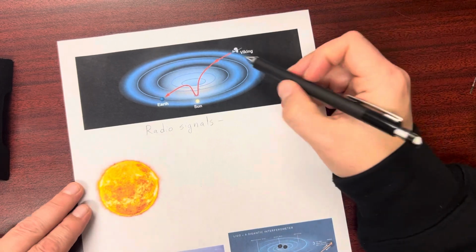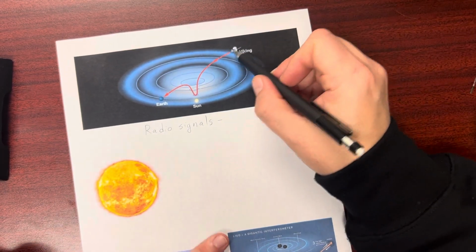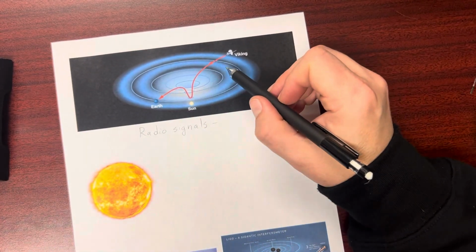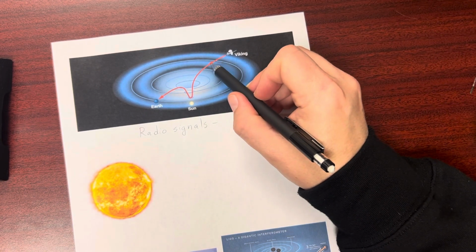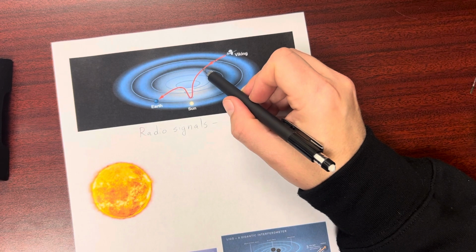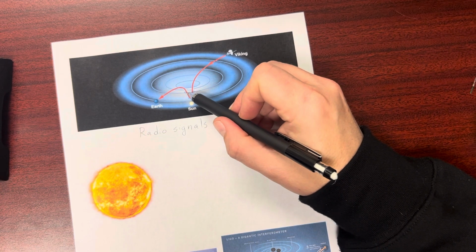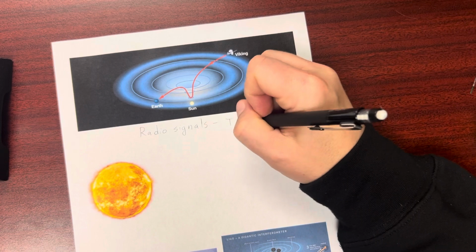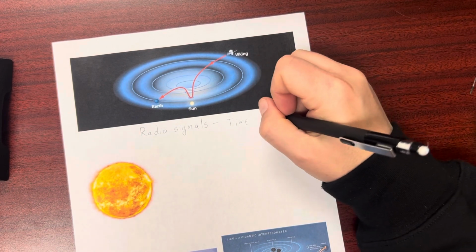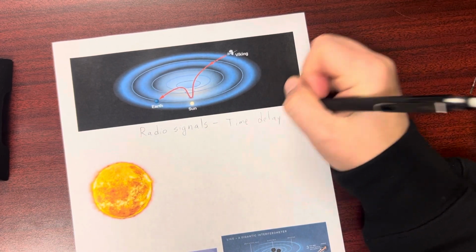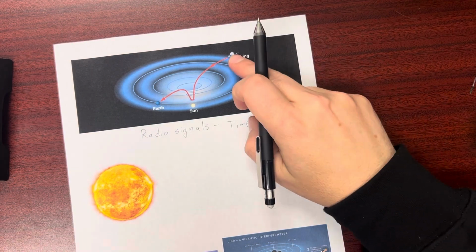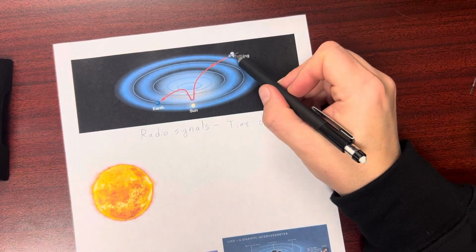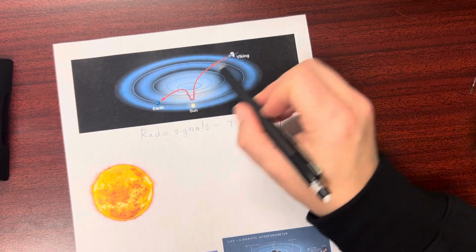What happened was, we knew the exact distance between these, but because of curved spacetime, the radio signals had to go just a little bit further, and there was a time delay. And this time delay can only be explained through curved spacetime. And it had to be set up where Viking was on the opposite side of the sun from where Earth was.